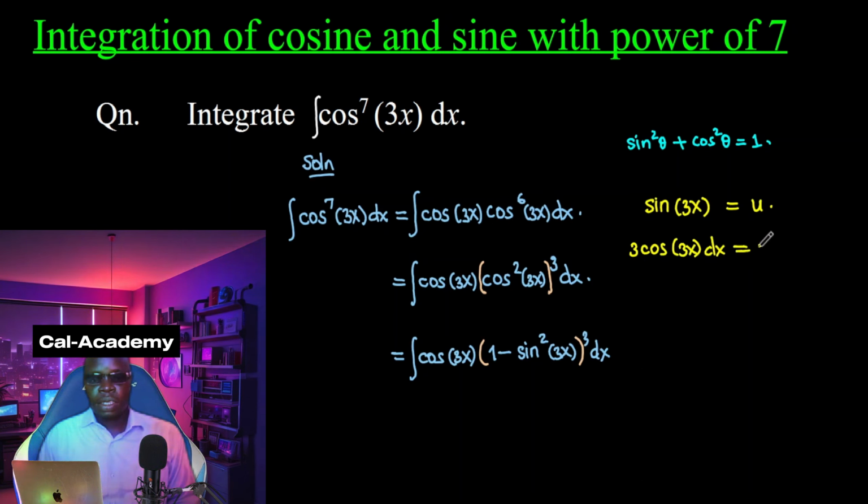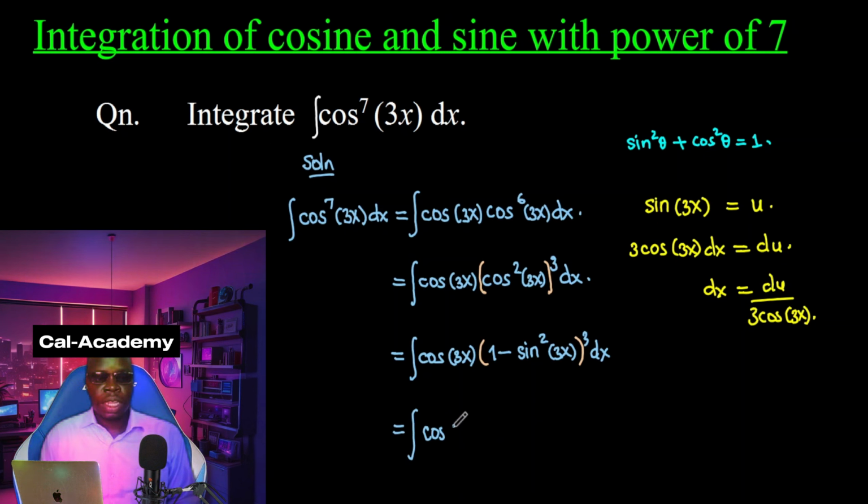So the right hand side can be differentiated with respect to u, and that is 1 with respect to u. So making the x the subject again, we'll have du over 3 cosine of 3x. So from here we can make our substitution, by maintaining still our cosine here.